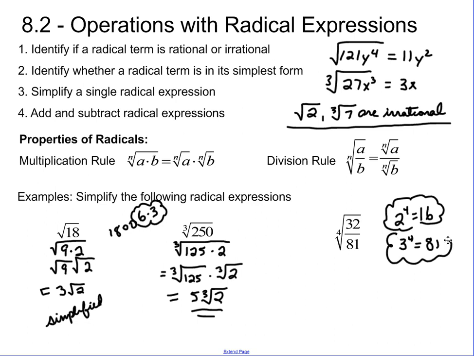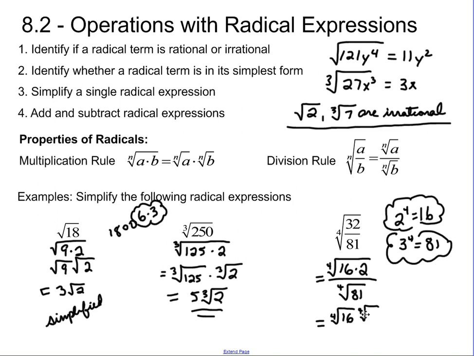What could we say? Well, in this case, if we use our division rule up here, we can treat this as the fourth root of 16 times 2 divided by the fourth root of 81. And reducing this still further, if we take the fourth root of 16, we know we're going to get 2, and we're going to take the fourth root of 2.